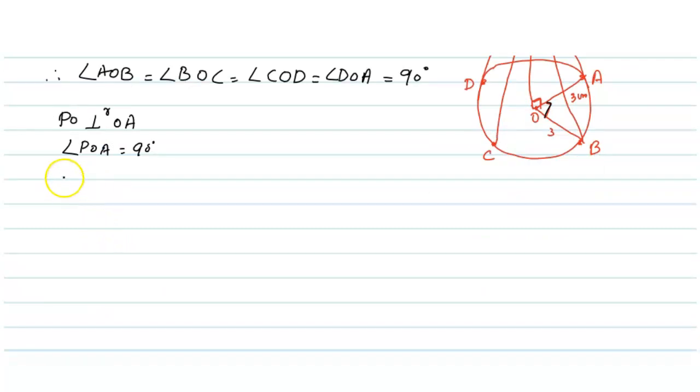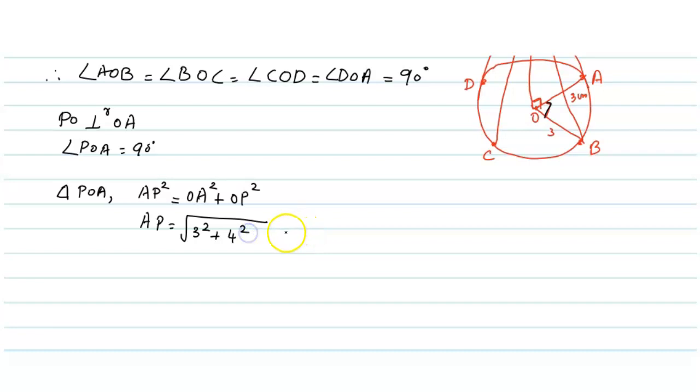Now consider the triangle POA. AP square equals OA square plus OP square. Therefore AP is equal to root of 3 square plus 4 square, that is equal to 5 centimeter.